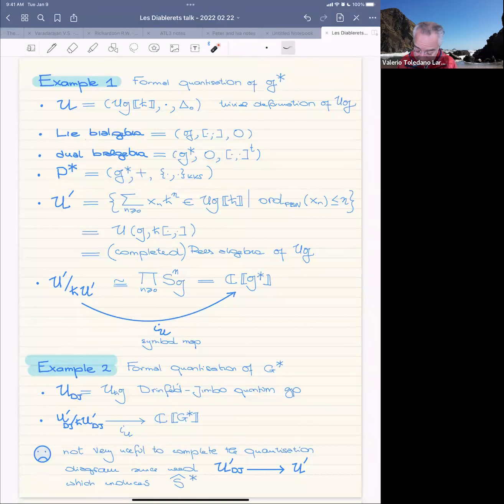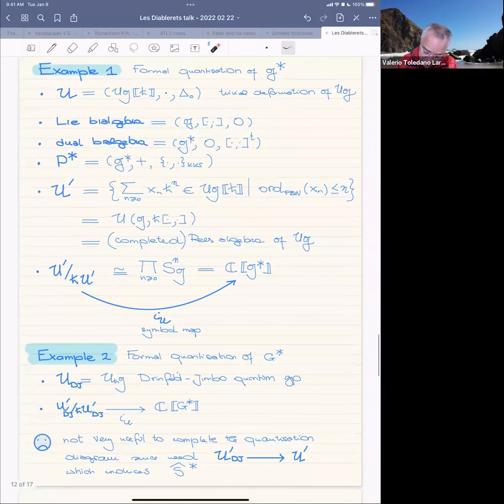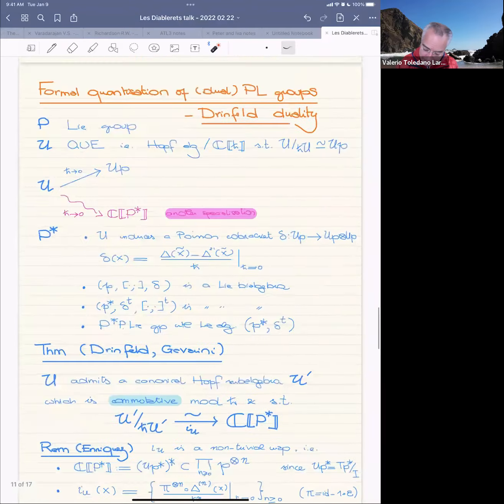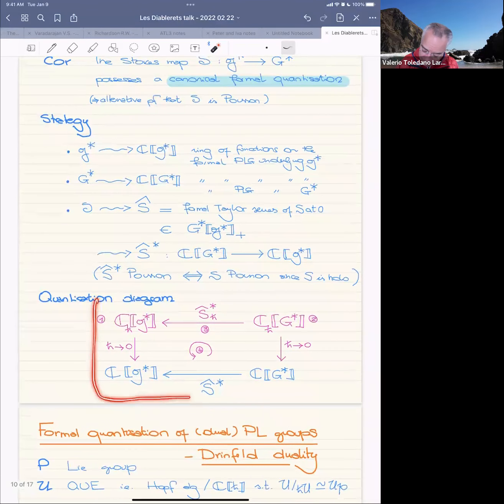So let's start there, and then Drinfeld duality will tell me that if I specialize it to 0, there is some identification with functions on the dual Poisson Lie group. But what I want to contend is that for our purposes, which you remember we had here a quantization diagram we're trying to compute. So we've checked that box. If we take the Drinfeld-Jimbo quantum group, we've also checked that box.